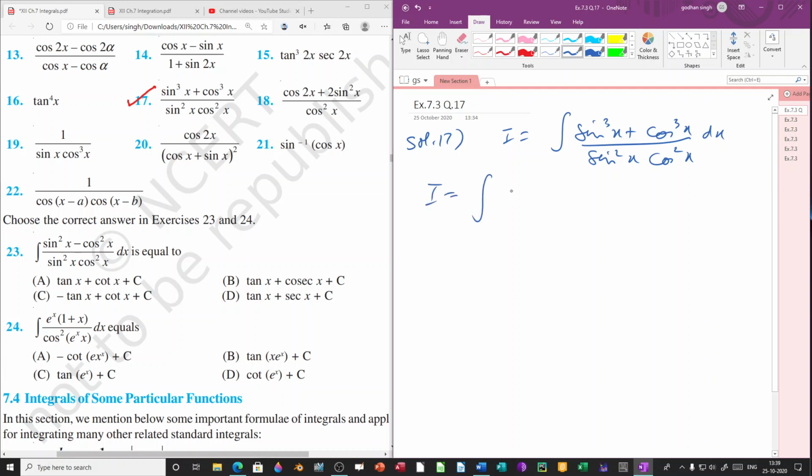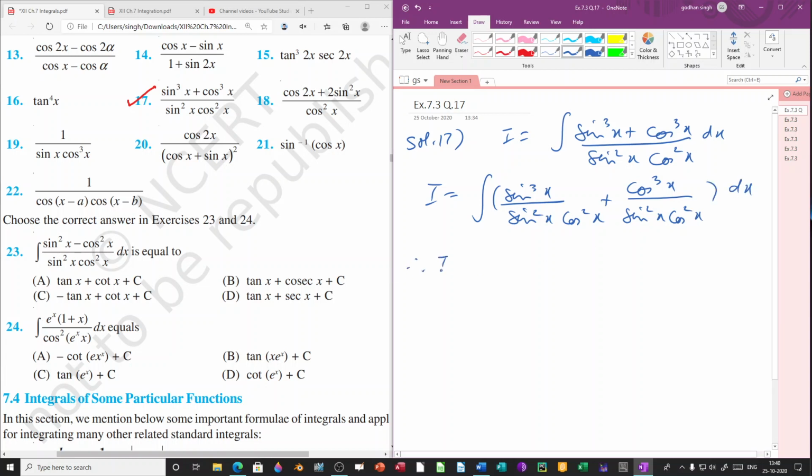I equal to sin cube x over sin square x into cos square x plus cos cube x over sin square x into cos square x dx.